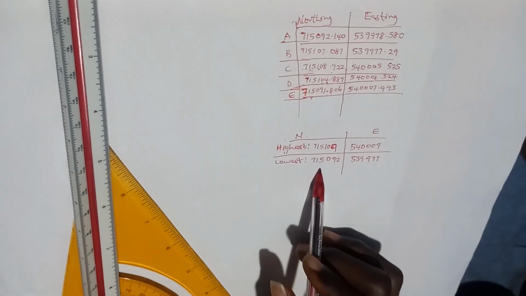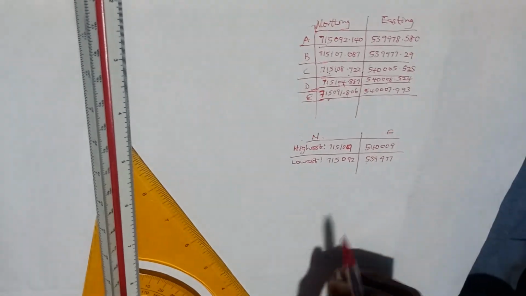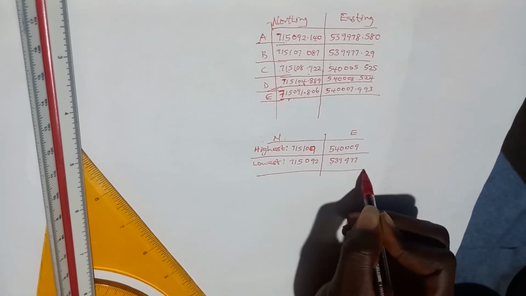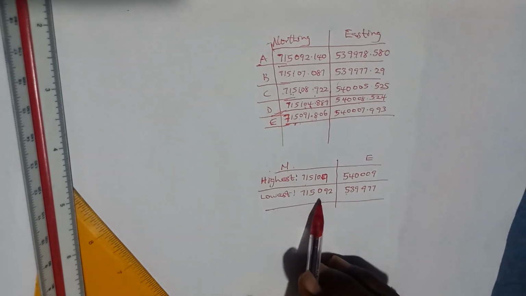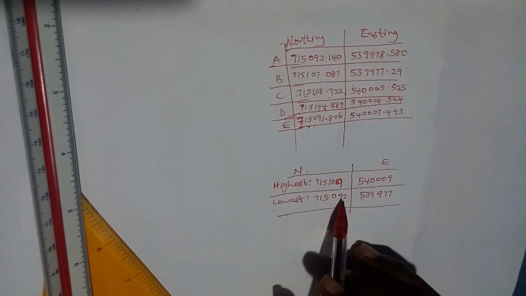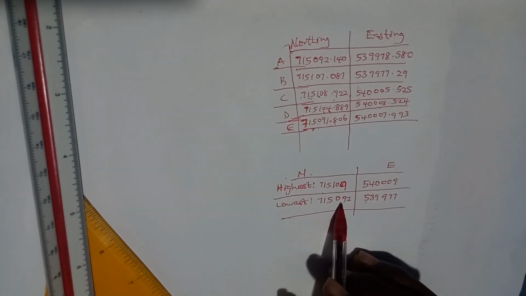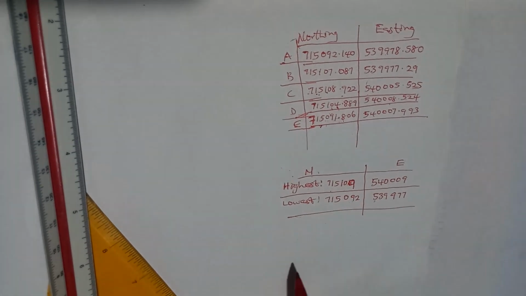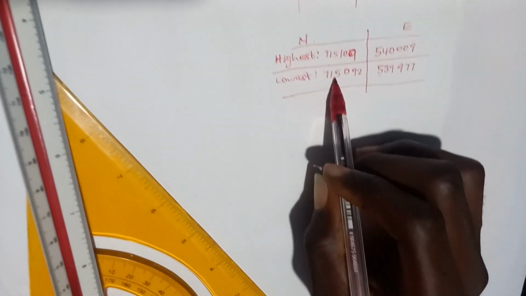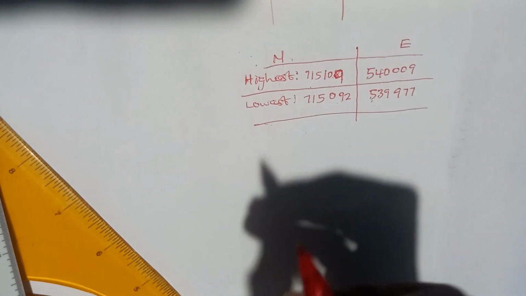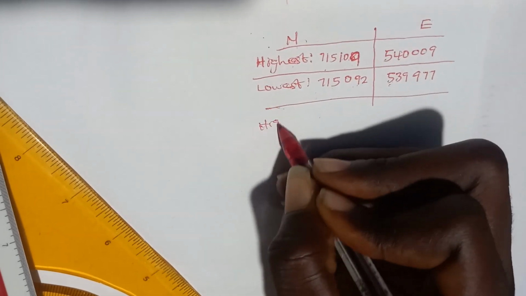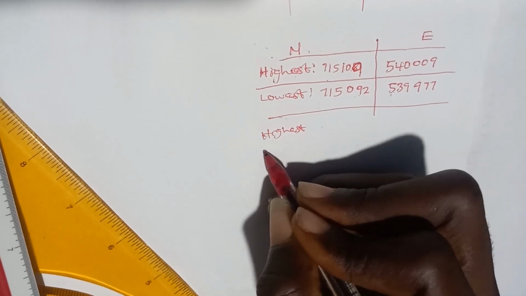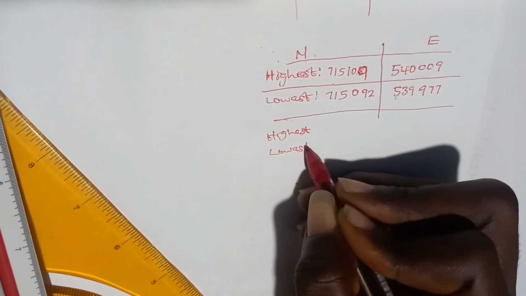Alright, after you are done obtaining the highest and lowest, what you simply do next is, for the lowest you subtract from it, and for the highest you add to it. So I'll come back here and write highest and lowest again.